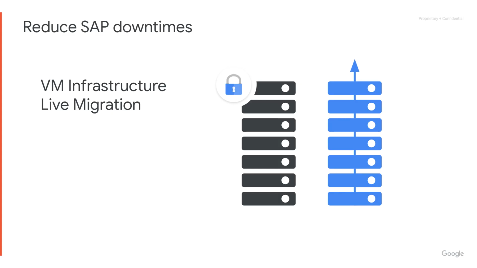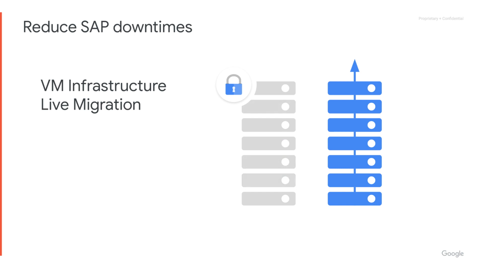Then we mentioned live migration before, and live migration is one of the most interesting technologies that only GCP can provide to the cloud. Live migration allows you to have no downtime while we are performing any infrastructure maintenance or hardware upgrade. So you don't experience any downtime. And we will have a demo on this.